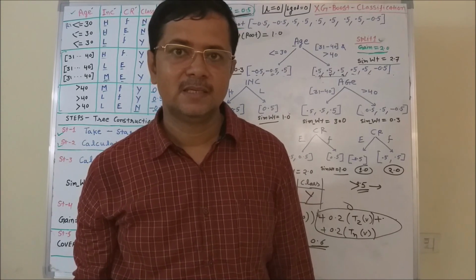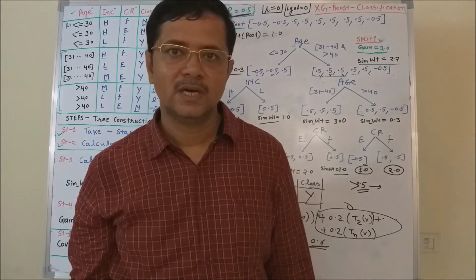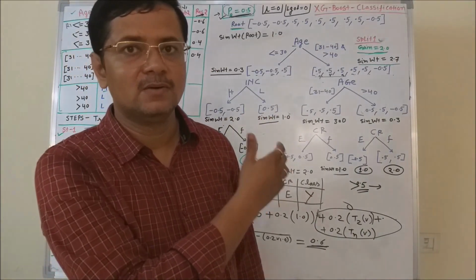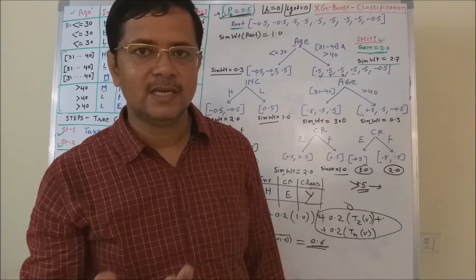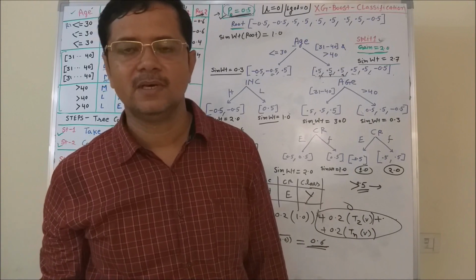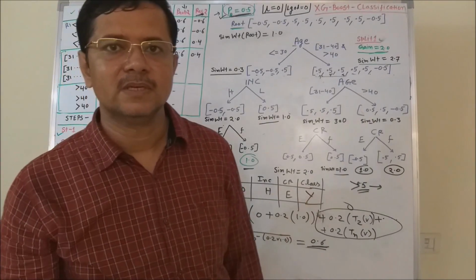Generally we apply XGBoost on very large and complex data, and due to the way you have seen, it is very easy to parallelize the XGBoost algorithm and achieve very good results due to its computational simplicity.